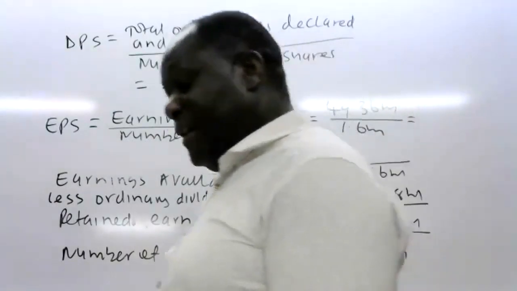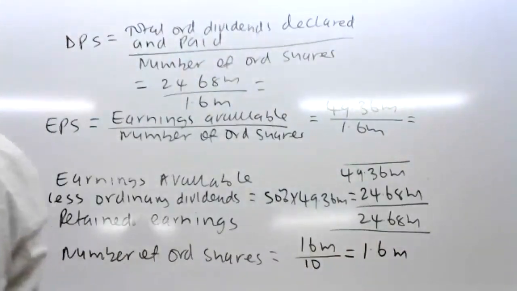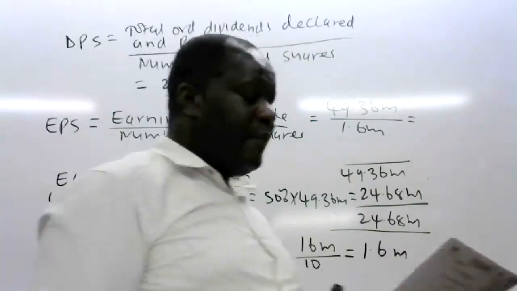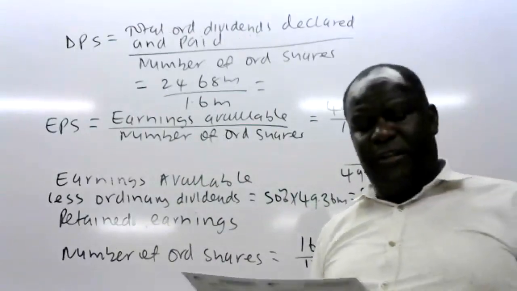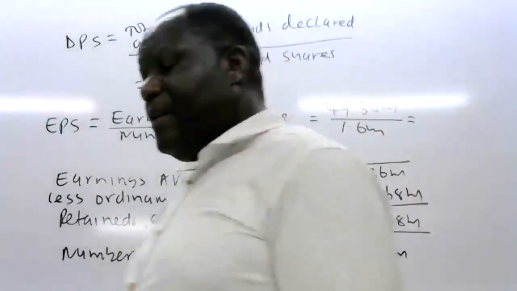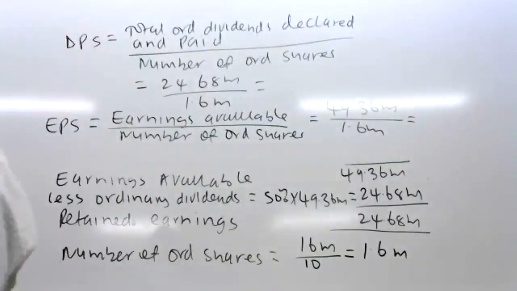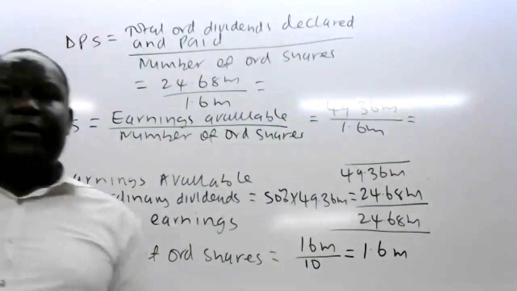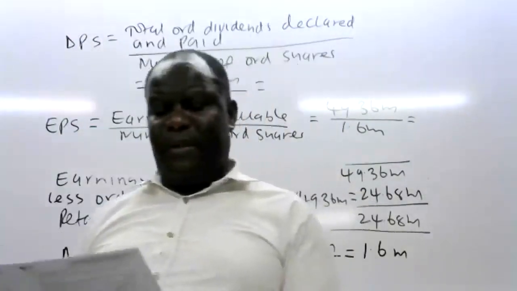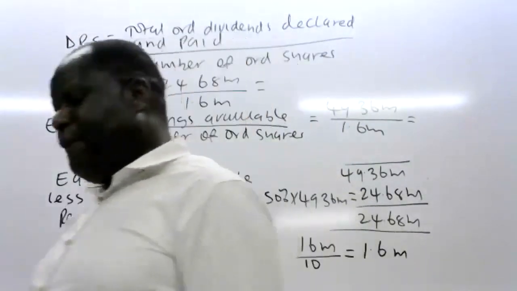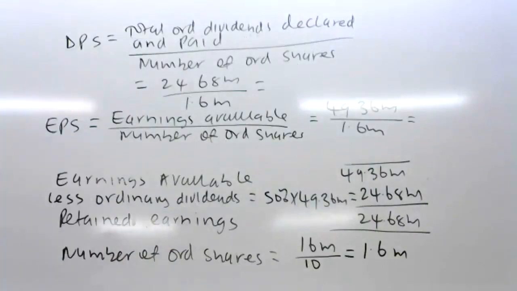The market price per share will always be given since it is determined by the demand and supply forces of the security. Then dividend yield is our D. Dividend yield indicates the percentage returns in the form of dividends for every amount invested in the company.